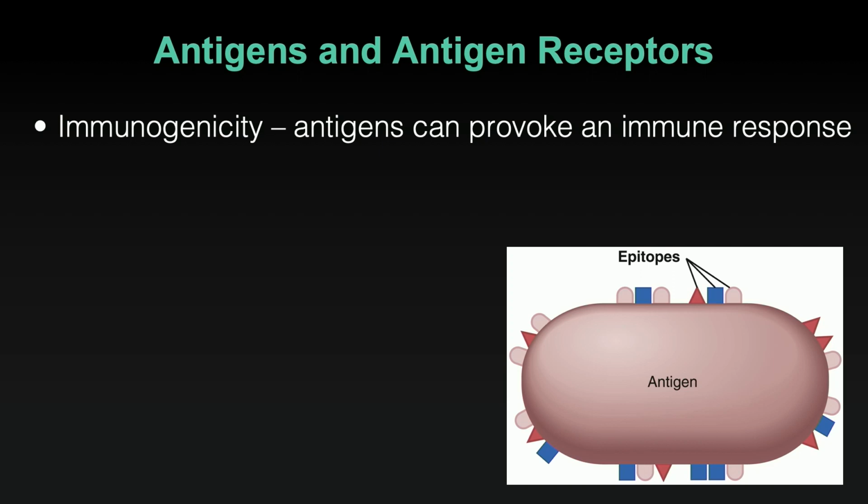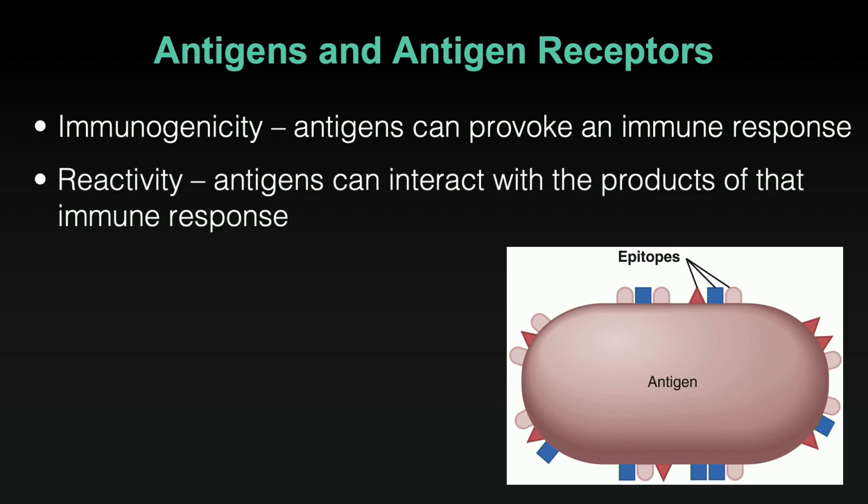Now, when an invader comes into the body and initiates an immune response, it's said to demonstrate immunogenicity. And I bring this up, it's a matter of semantics, really. But an antigen that prompts an immune response is demonstrating immunogenicity. And after the immune response has been initiated, when the antigen is a target of the immune response, they are demonstrating reactivity.